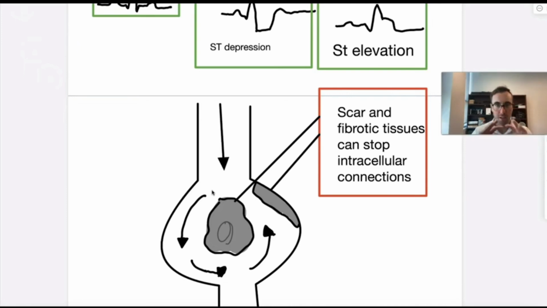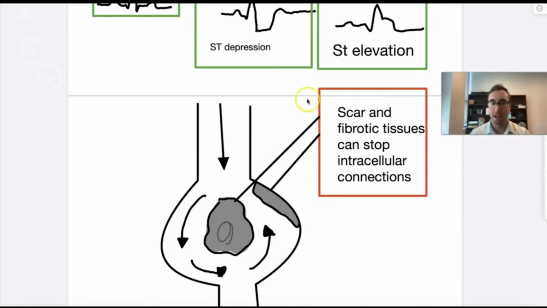But this is the critical timing part: if they're out of the refractory period, the impulse can just keep traveling around and around and around, creating that re-entry phenomenon. That's insane, that all these things have to connect at the perfect, or perfectly imperfect, amount of times.